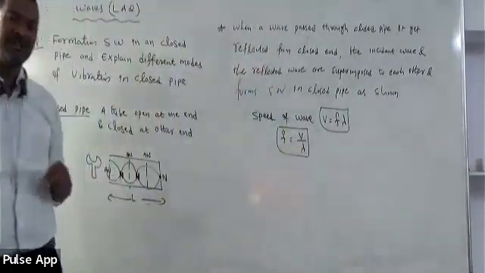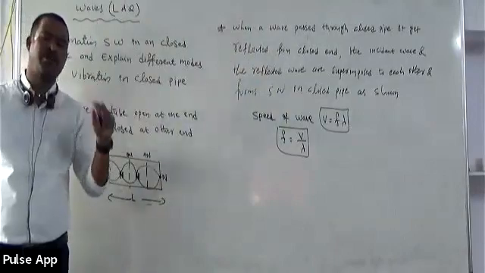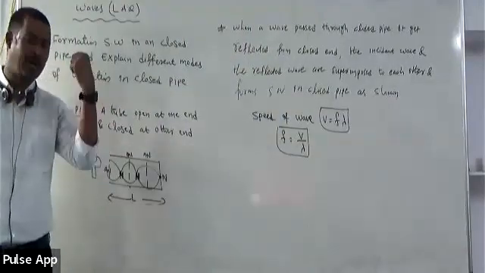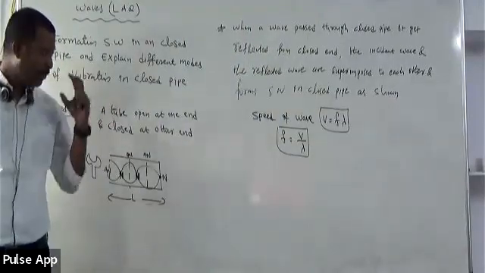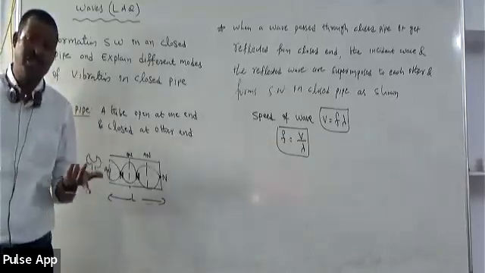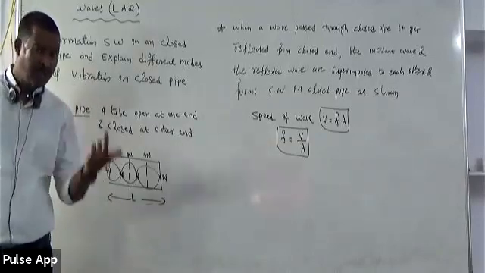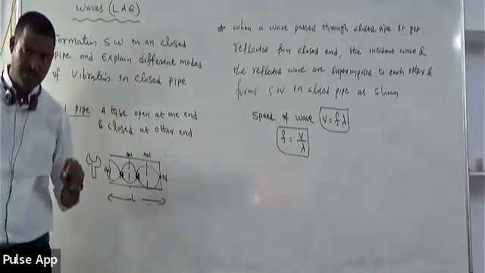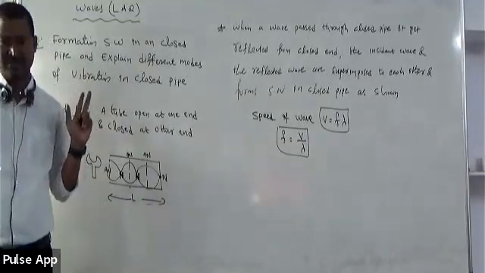Yesterday we saw that all types of harmonics form in an open pipe, both even and odd numbers. But here what type of harmonics will we get? Only even, only odd, or all again? We'll see.